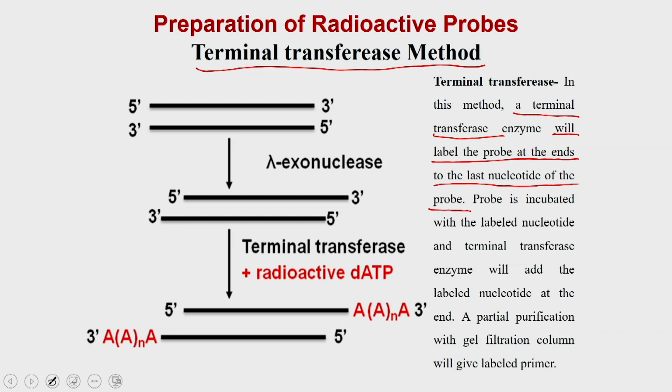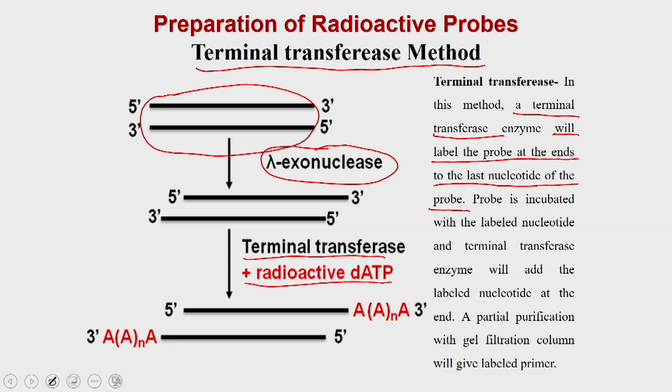If you have the probe DNA ready, you can add lambda exonuclease, which creates nicks in it, and then you add the terminal transferase along with the radioactive ATP. The terminal transferase then attaches the radio labeled ATP on both strands of the probe, and that is how the radio labeled probe is ready by this method.